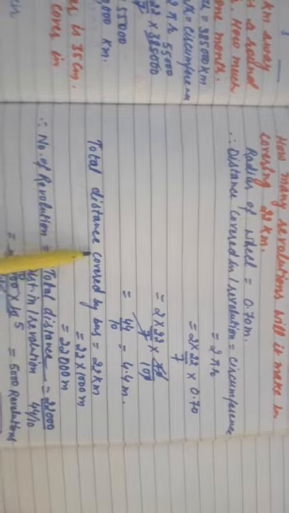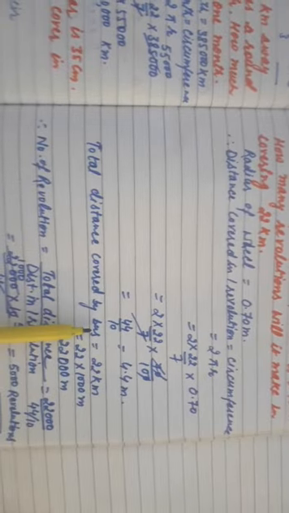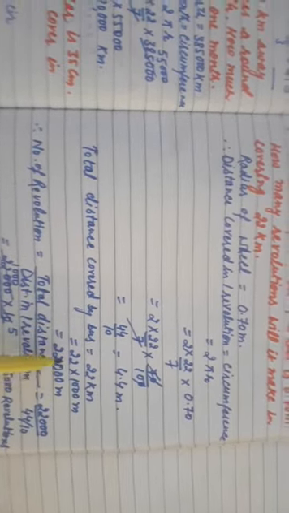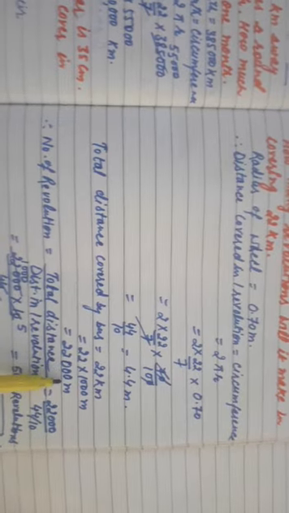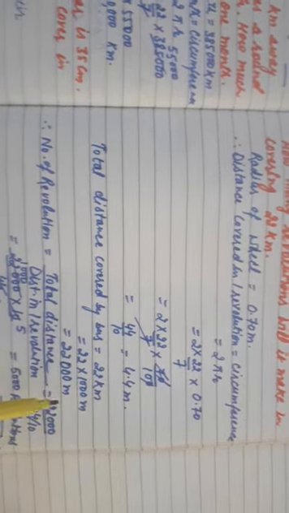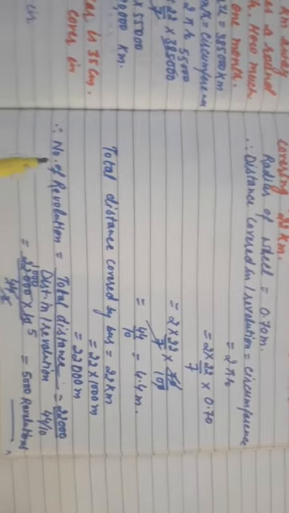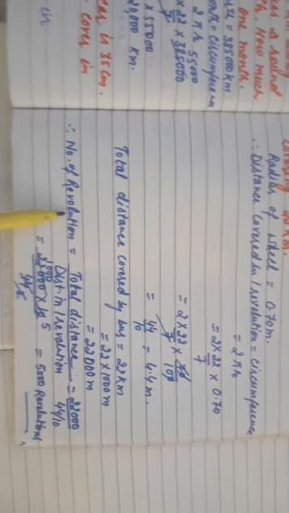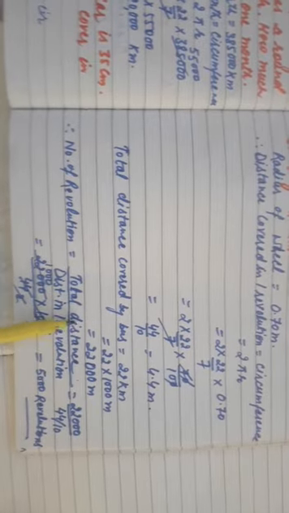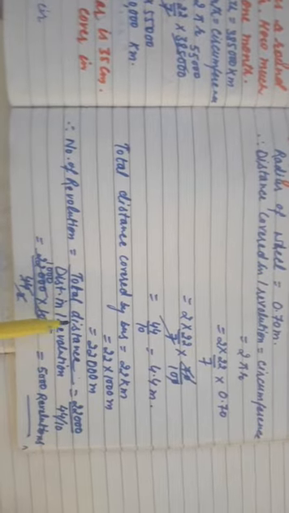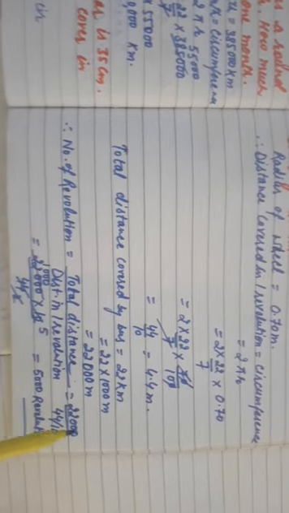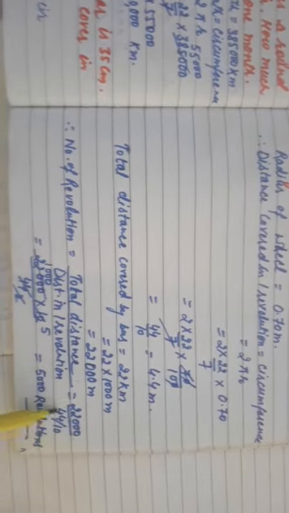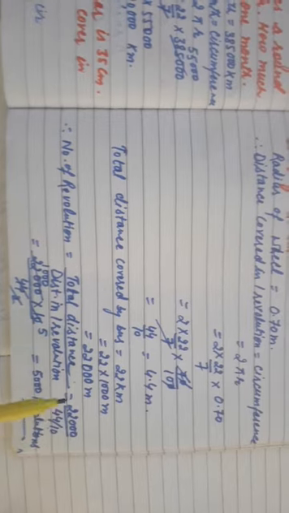Now the total distance covered by the bus, that is 22 kilometer, in meters is equal to 22,000 meter, because we have to make the unit the same. Now we have to find the number of revolutions taken by this wheel to cover this total distance, means the total distance traveled upon the distance covered in one revolution, that is 22,000 upon 44 upon 10.